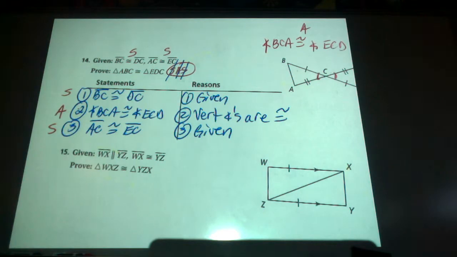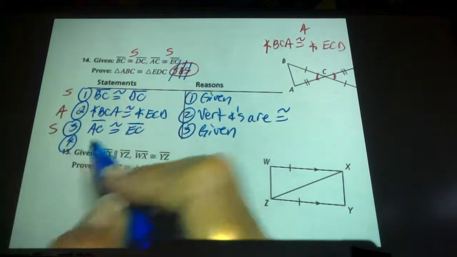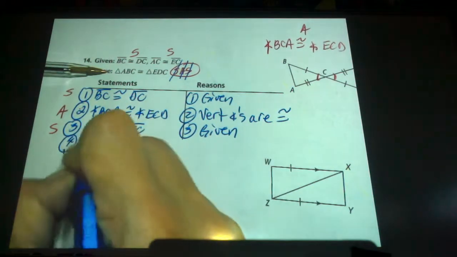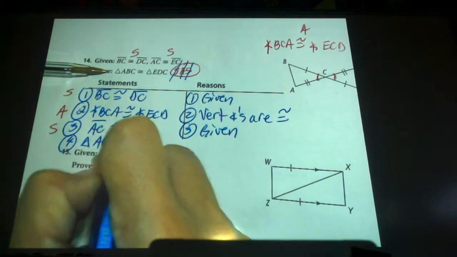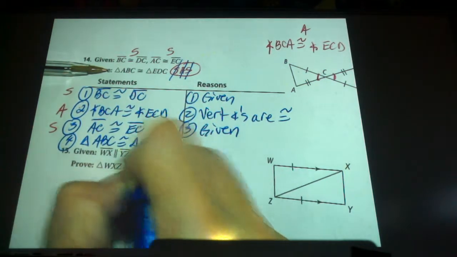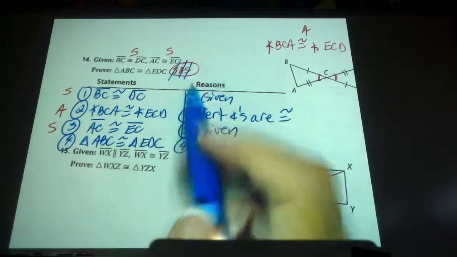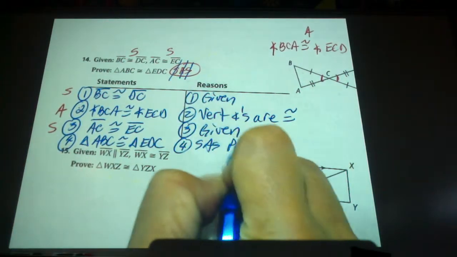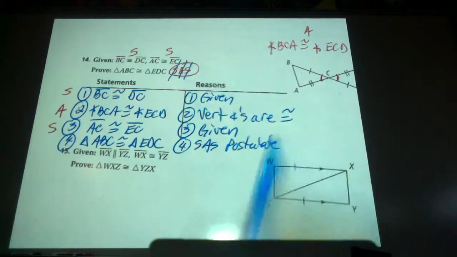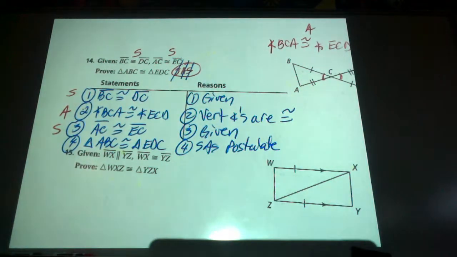Immediately upon hitting that third piece, what can I do? You've proven the triangle is congruent, so step 4 is your congruency statement, exactly as the proof wrote it. Triangle ABC is congruent to triangle EBC. Why? We wrote it right there, SAS postulate. Isn't that easy?